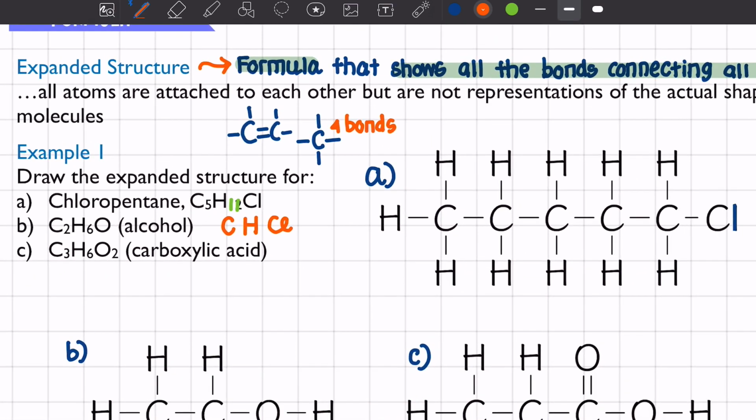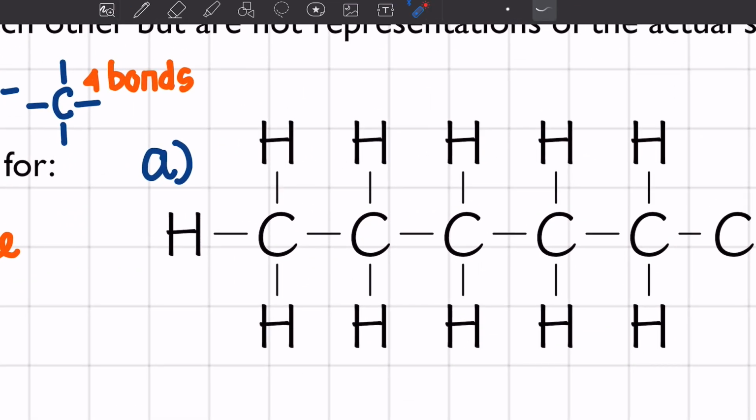Okay, so first kita akan lukis dulu carbon. C ada 5 kan? So lukis dulu 5 carbon. Lepas tu kita ada 11 hydrogen. So letak hydrogen sekitar carbon. Okay.